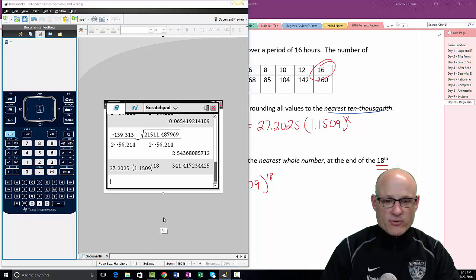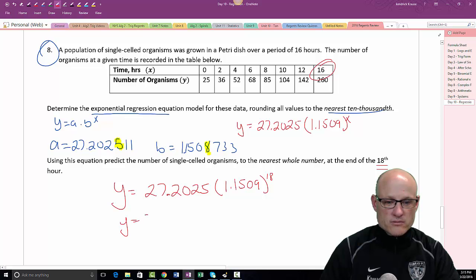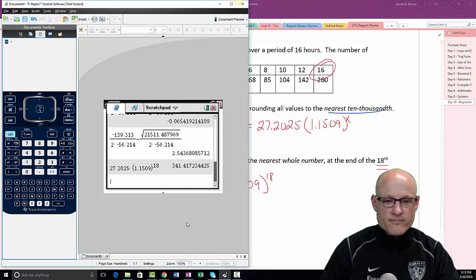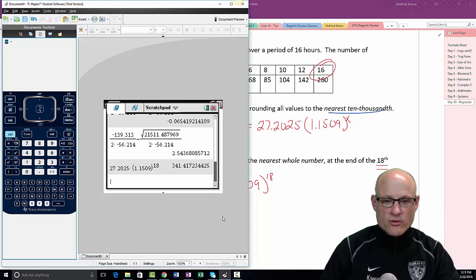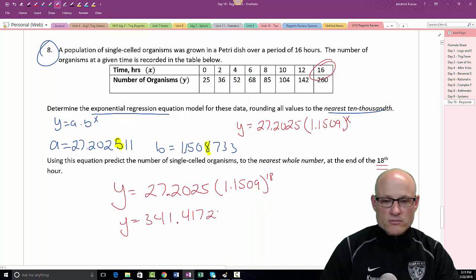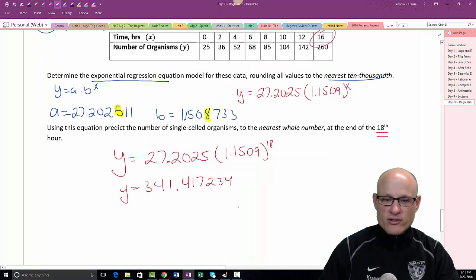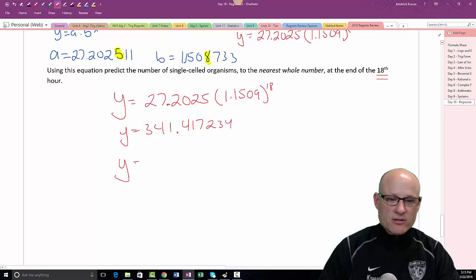Write it down exactly: 341.4172 34. Now we round to the nearest whole number. y equals 341.